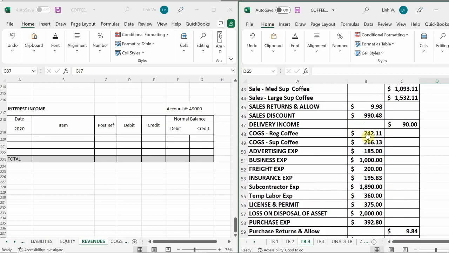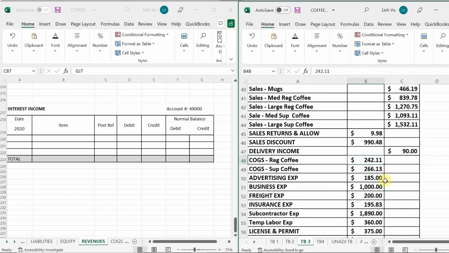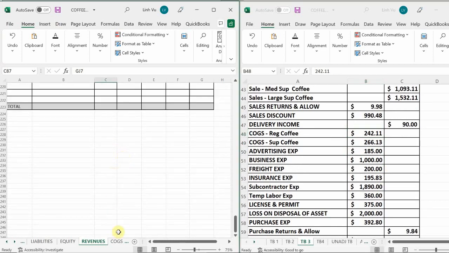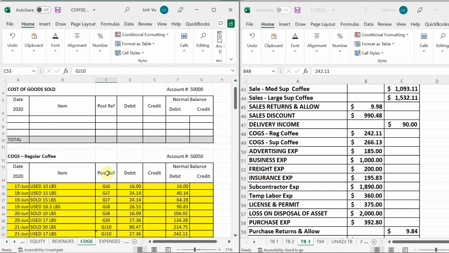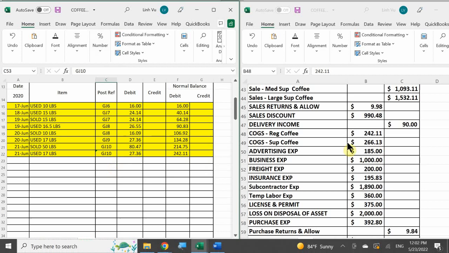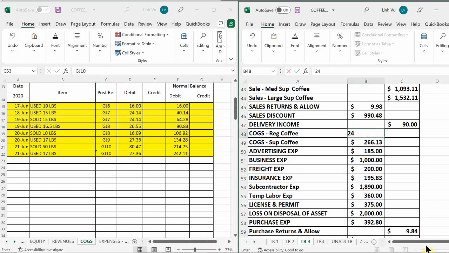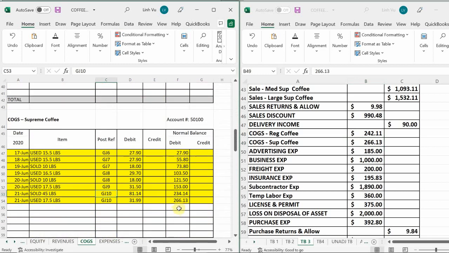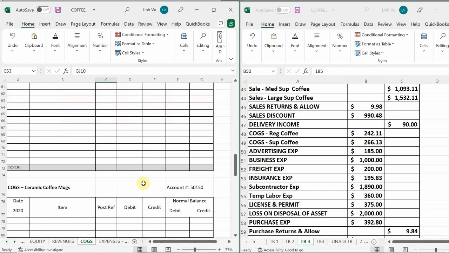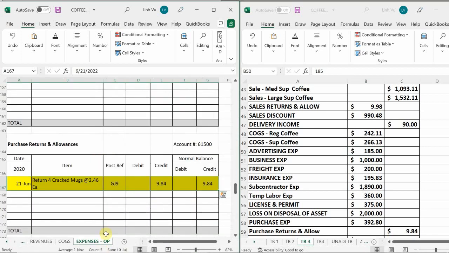Okay. So then let's see what's next. Cost of goods sold. Let's see. We have $242.11. Okay, $242.11. We have $266.13. Okay. And that's it for my cost of goods sold. So then my expenses.